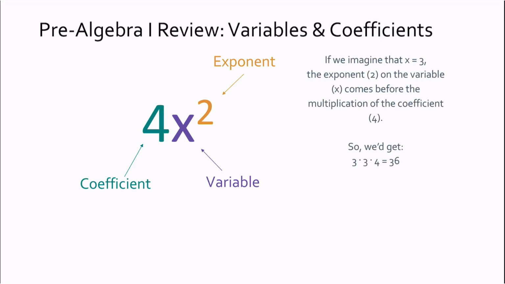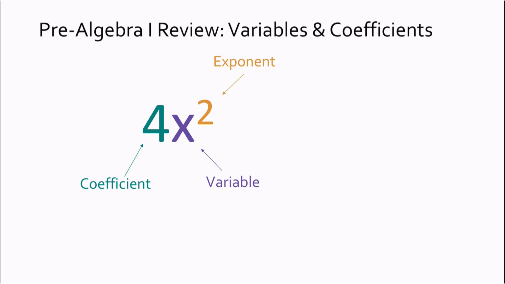So if we imagine that x equals 3 in this scenario, when we're solving for this, we have to use the exponent first before we multiply the coefficient. It really looks like x squared times 4. So we'd get x times x, or 3 times 3, and then times 4, which is 36.